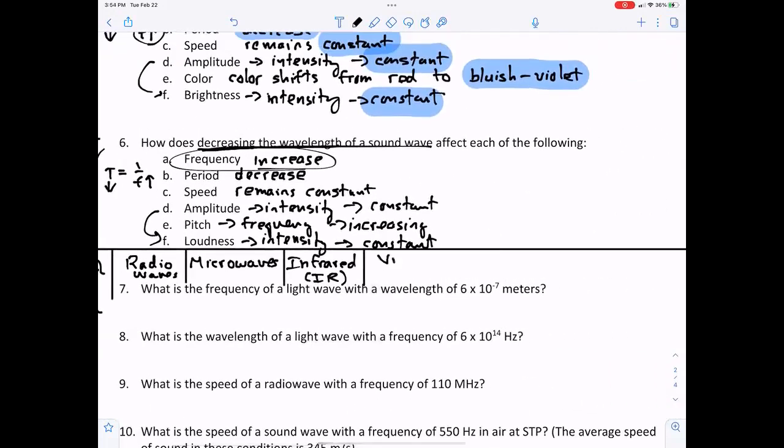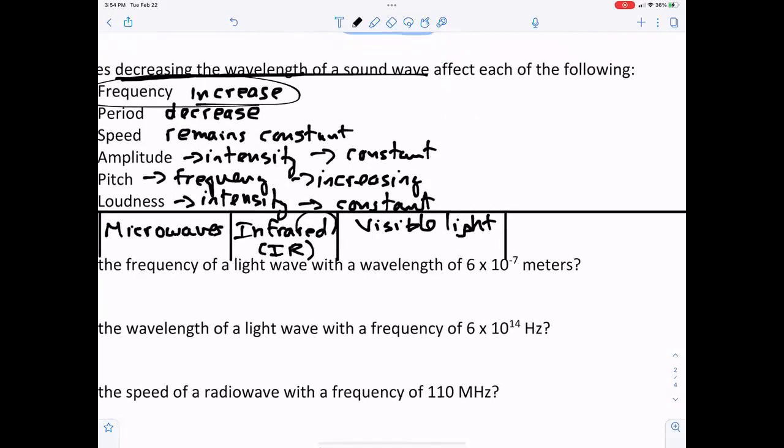Then we have the visible light. Well, the visible light would be the colors of your light spectrum, what you can actually see. So on the other side of infrared would be the color red. This is where our red, orange, yellow, green, blue, violet take place.